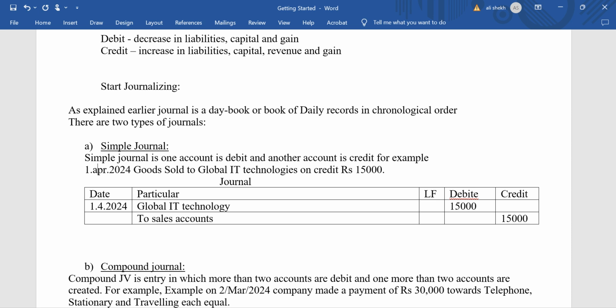So what will be the journal entry? Global IT Technology account debit to sale account, or we can write customer account debit to sale account, or we can call it accounts receivable account debit to sale.